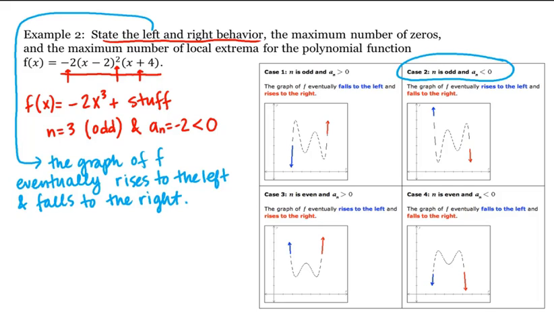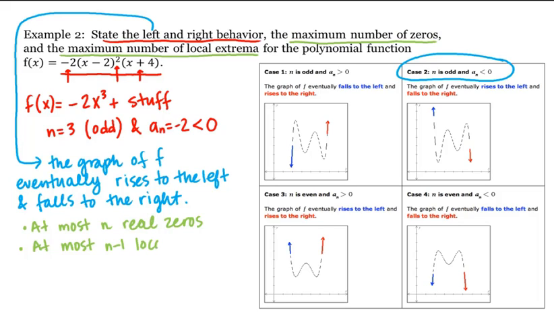And now let's state the maximum number of zeros as well as the maximum number of local extrema. Recall from our last example that a polynomial of degree n with real coefficients has at most n real zeros and at most n minus 1 local extrema.